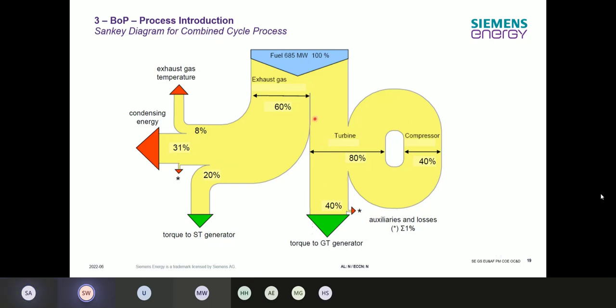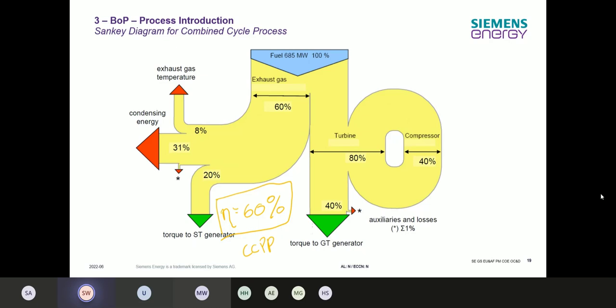Okay. So from these 60%, let's say 20% is later on the electrical output, or the torque to the steam turbine generator. So that's roughly, together with the GT generator, these 60% efficiency what you can reach. Let's say efficiency 60%, which is normally always the combined cycle goal.